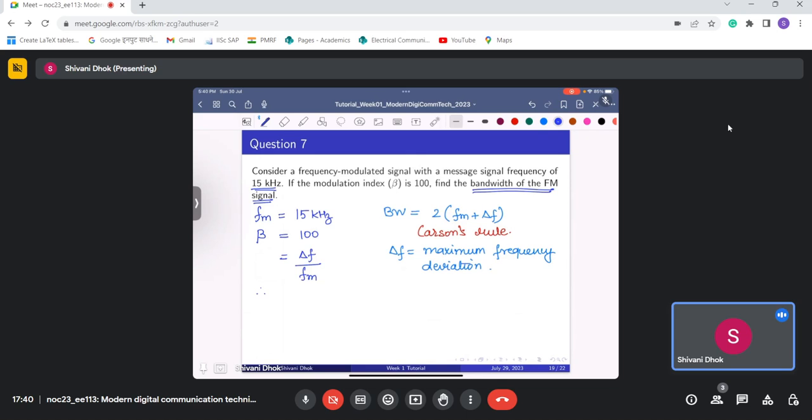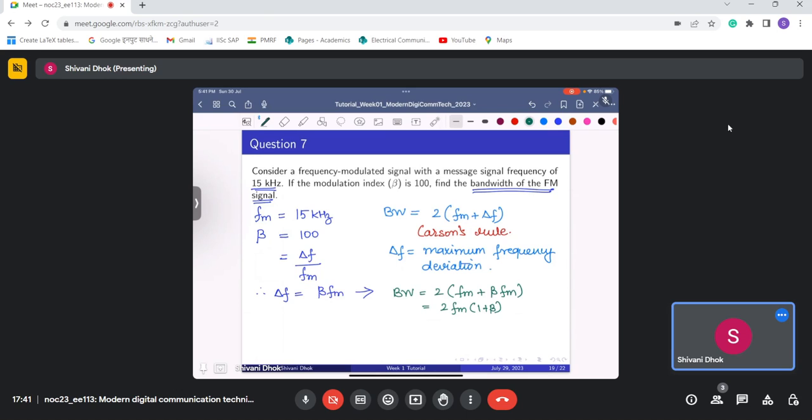Therefore delta F, that is frequency deviation, I can write as beta Fm, which means I can change this bandwidth formula by substituting the value of delta F as 2 times Fm plus beta Fm, that is 2 times Fm into 1 plus beta.